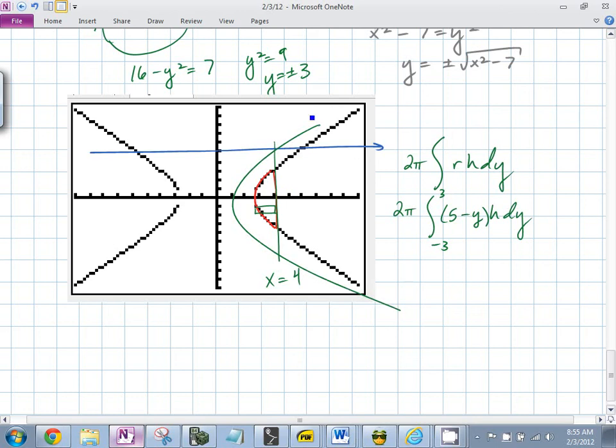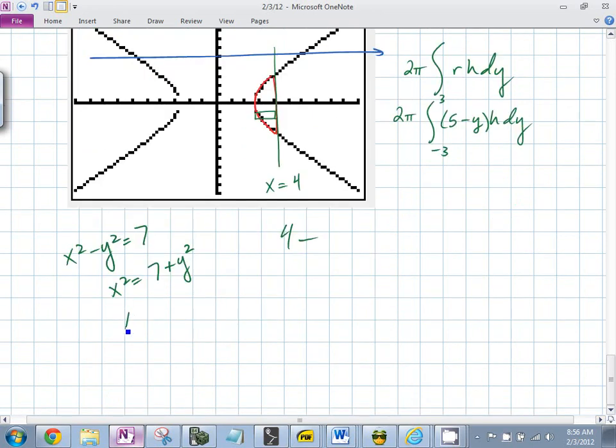That's going to be 4 minus what? Well, we know that curve is x squared minus y squared is equal to 7. So what does x squared equal? 7 plus y squared. So this is going to be x equals plus or minus the square root of 7 plus y squared.